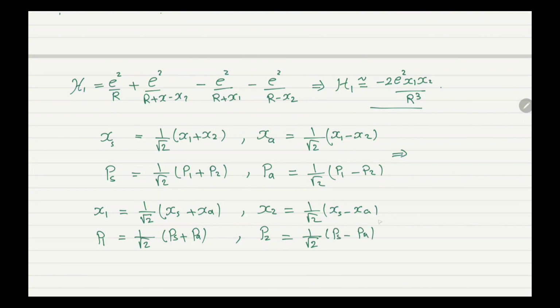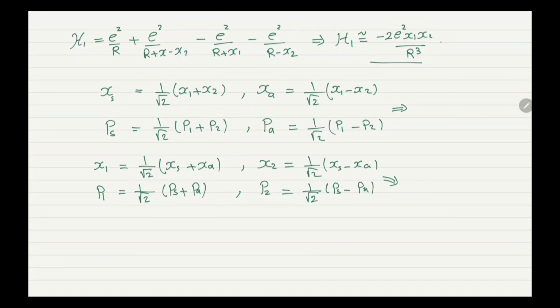Now if we substitute these normal transformation modes in the unperturbed Hamiltonian H naught, just as a reminder, equal to p1 squared over 2m plus half c x1 squared plus p2 squared over 2m plus half c x2 squared.